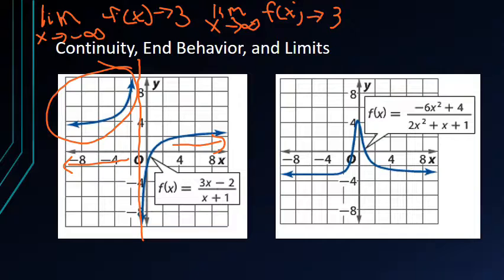Now let's take a moment, and on the right-hand side of the graph, we've got this -6x squared plus 4 over 2x squared plus x plus 1. Make sure you get your parentheses in here on both of those. I failed to mention it on the first. If you don't have your parentheses in, you're going to get a false value. So take a few moments, and let's graph this second equation, the one on the right.